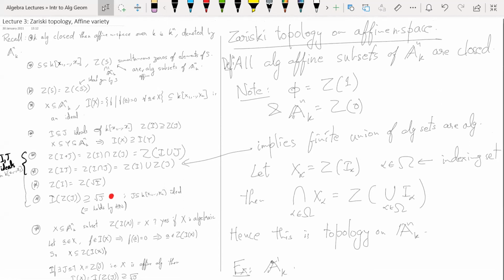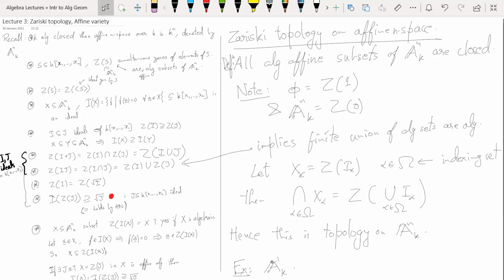So, Zariski topology on affine space. We want to give a topology on affine space, and the topology, as I said, is that you declare algebraic subsets of A^n(K) closed. So the collection of closed subsets are all affine algebraic sets.